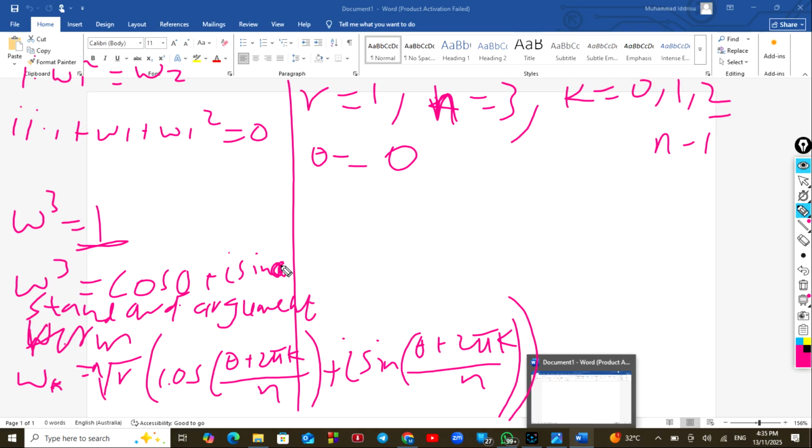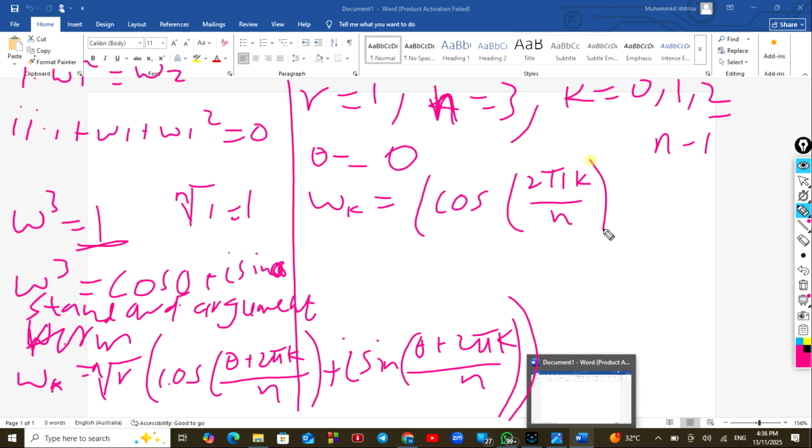So we can write our formula Wk is equal to, here r is 1 and the nth root of 1 is still 1, so we don't need it anymore, cos of 2 pi k over n plus i sin of 2 pi k over n.